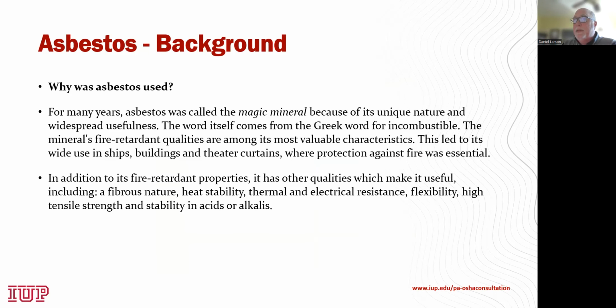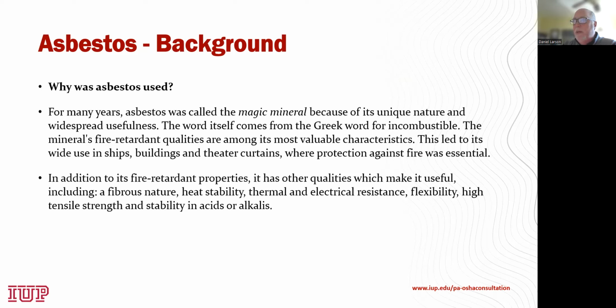So why was asbestos used? Well, for many years, asbestos was considered a magic mineral because it had a unique nature and widespread usefulness. The name itself comes from the Greek word for incombustible, and the mineral's fire retardant qualities are among its most valuable characteristic.